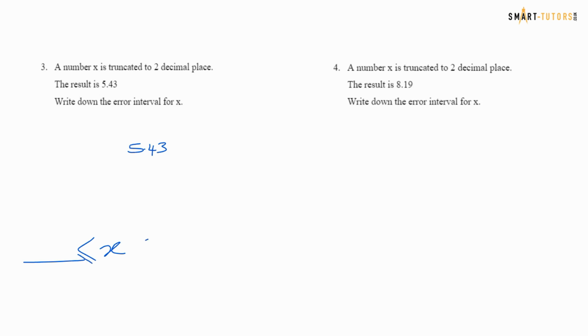Here is equal, and here is the minimum point and maximum point. So the minimum point is going to be the same, 5.43, right? And the maximum point is going to be 5.44, right? Because if you think about it, 5.43999 something.